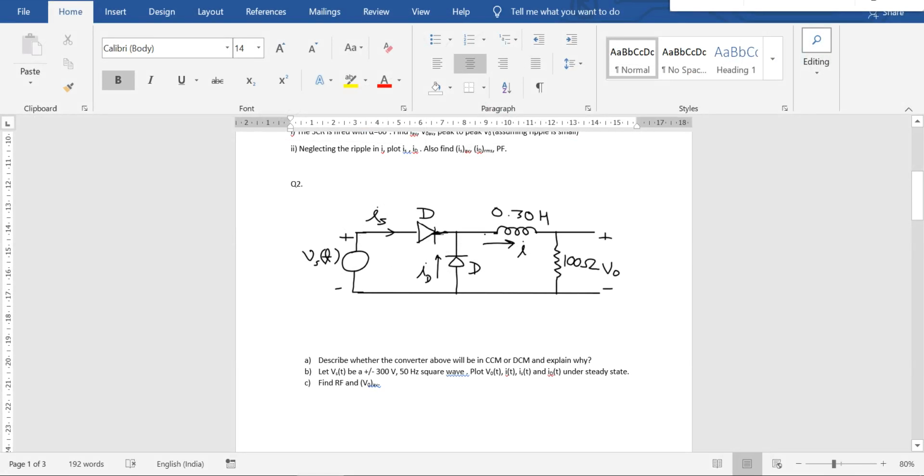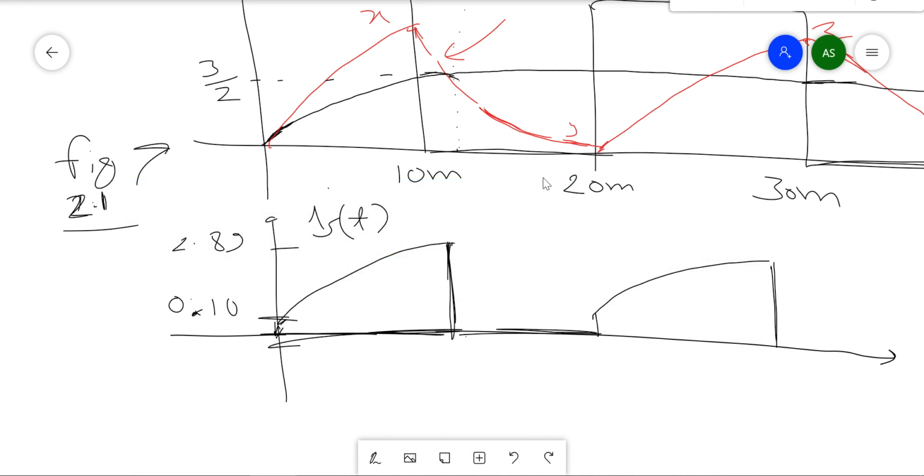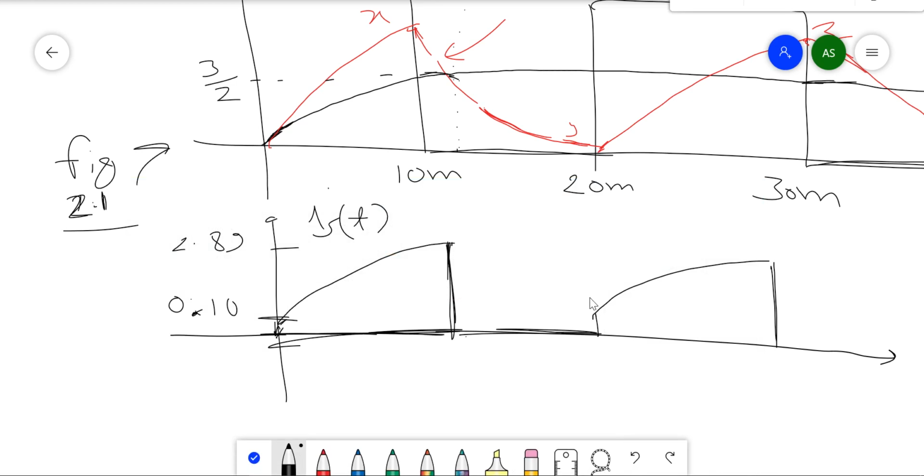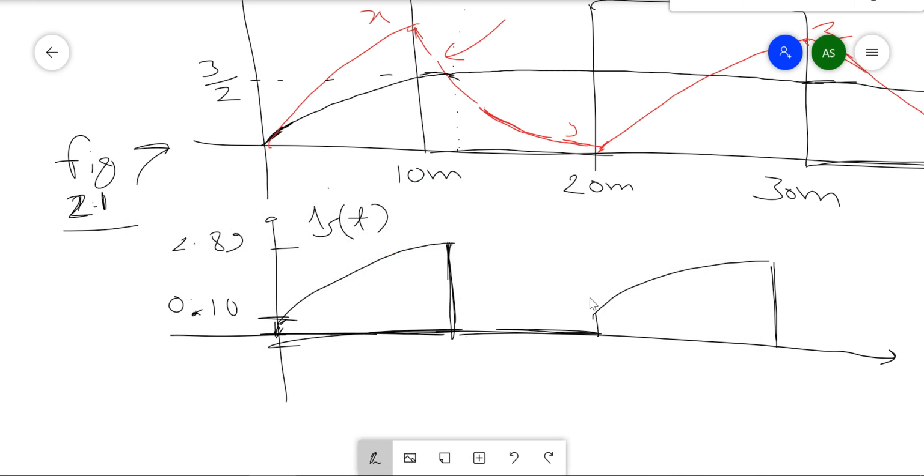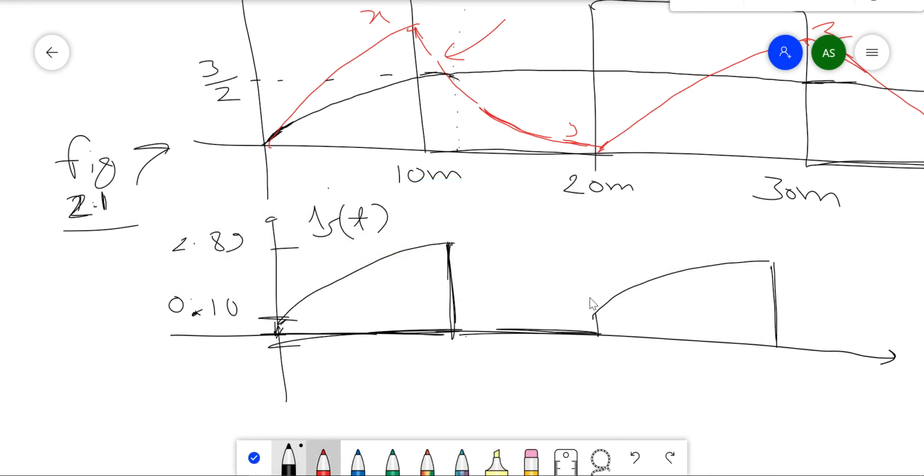Now if you want to plot the IDT, IDT will be the remaining part of the current. So if you plot in that same diagram, you can plot now. In the red color we are plotting IDT.